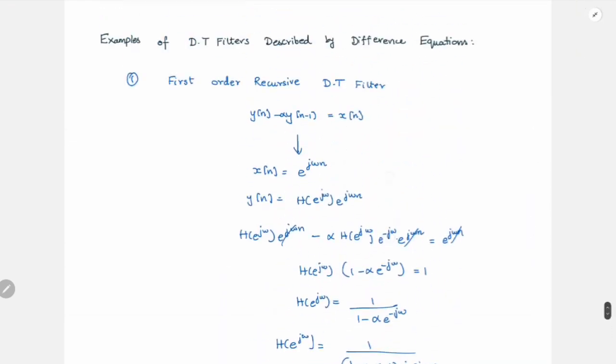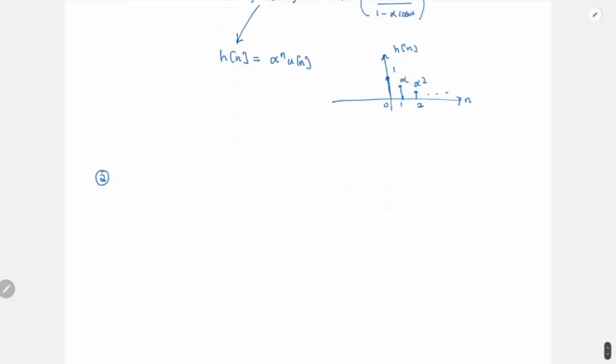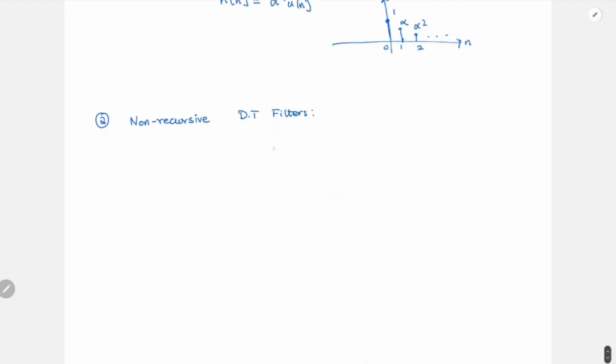So this one was an example of a recursive filter. We will see another example of a non-recursive discrete time filter. As a general case, we can write y of n equal to summation k equal to minus m to m, b_k x of n minus k.